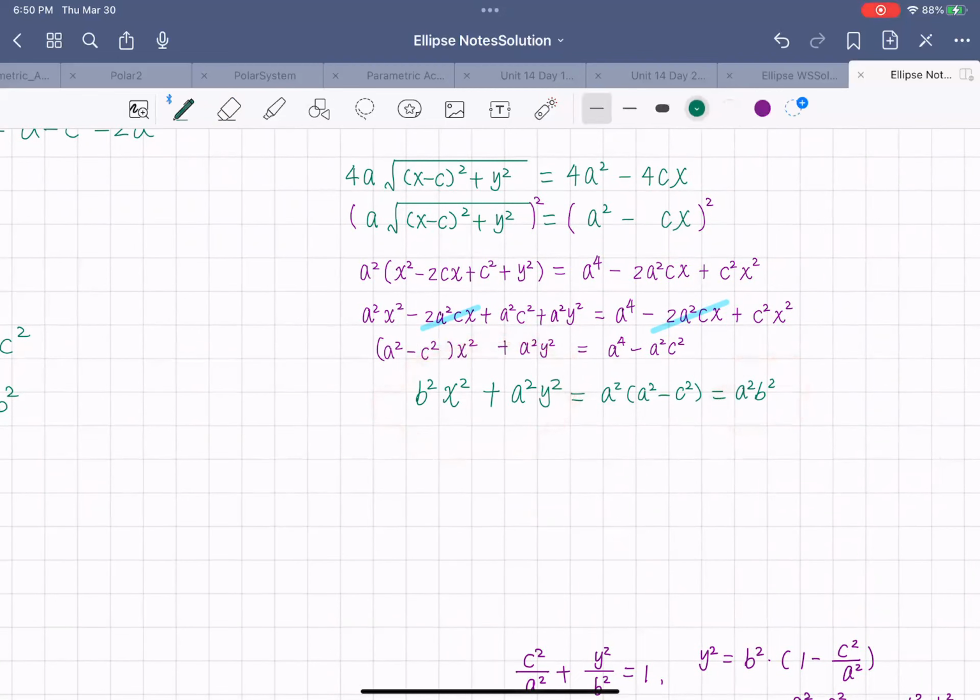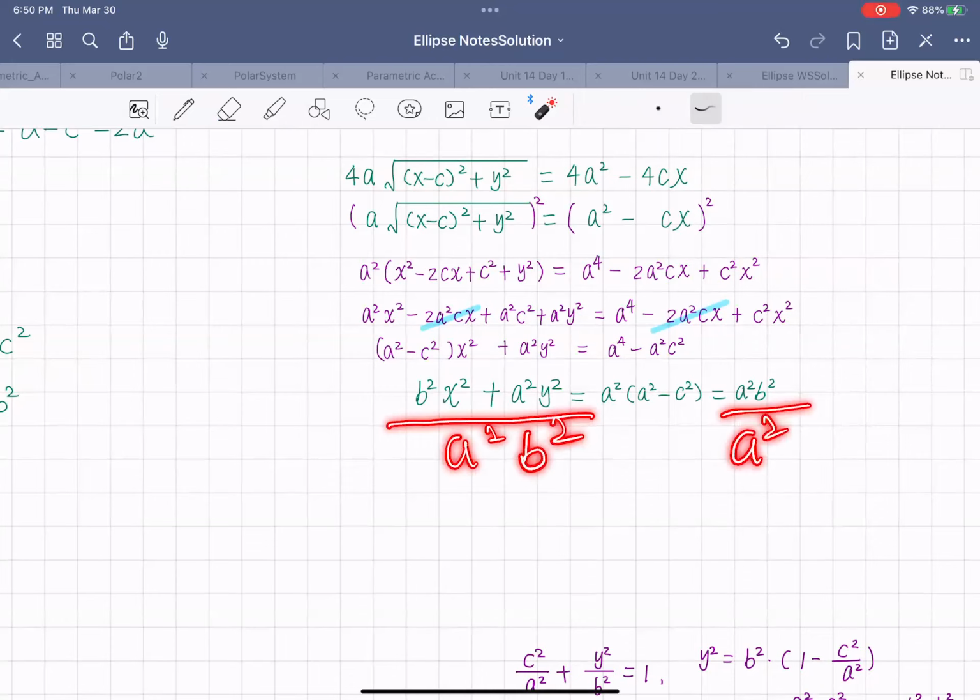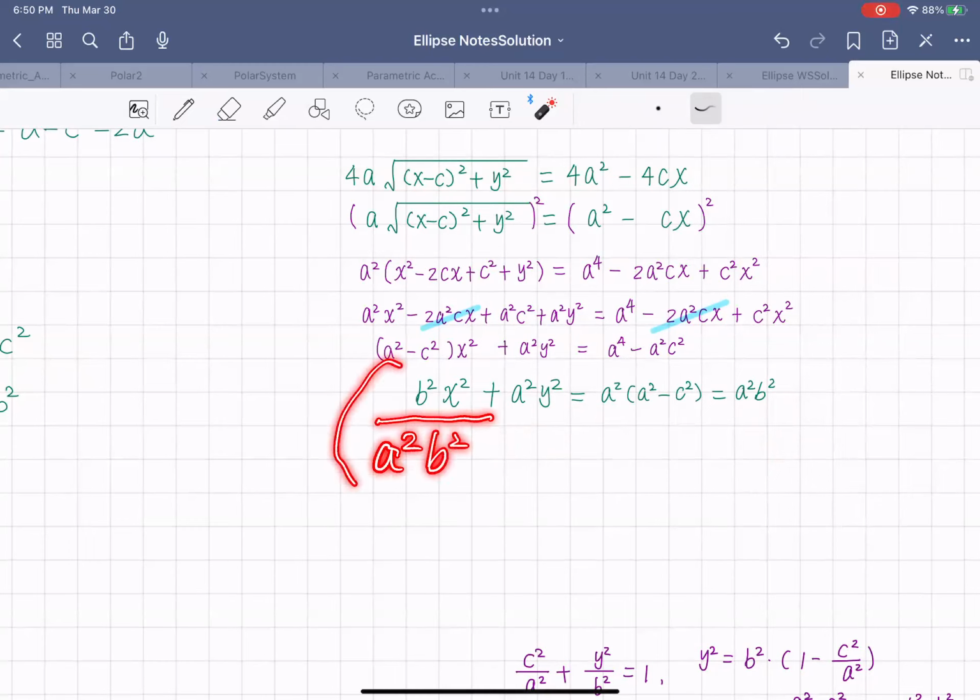What you do? You divide everybody by a squared b squared. Okay? Now, Daniel, this term divided by a squared b squared becomes how much? Daniel? X squared over a squared.